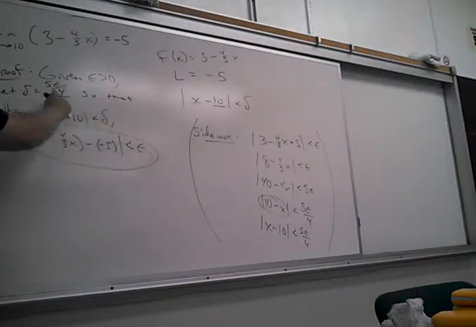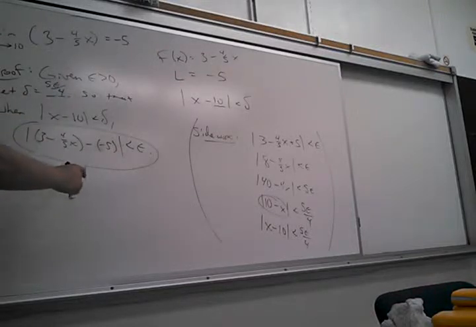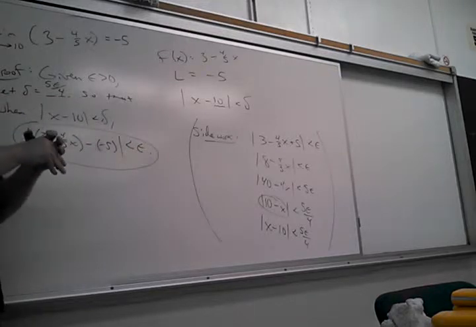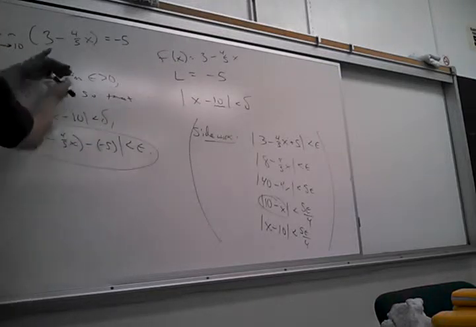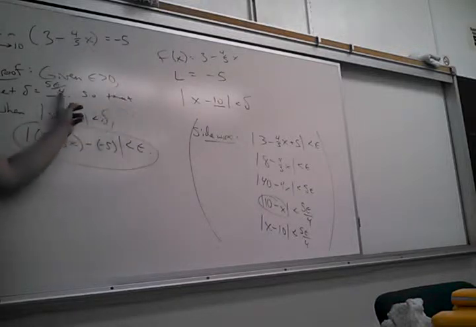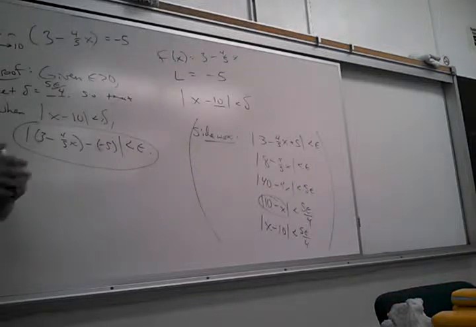So that side work tells me what delta should be to make this work. So the proof requires me to have this to get the proof going. The side work gets me what that's supposed to be. So I mean, this whole thing together is the proof, but this is the real body of it. This is what's required to prove it. That's just me getting this piece of it. Okay, so technically that is part of the problem. Yes, that's part of the problem, not part of the proof.